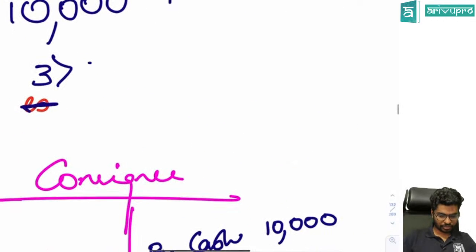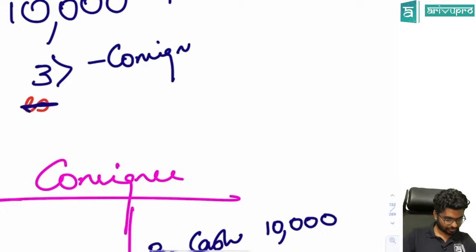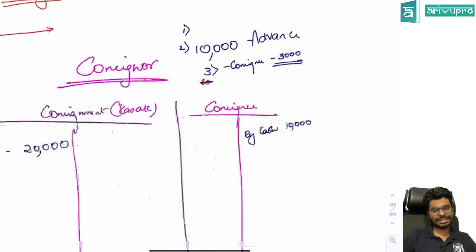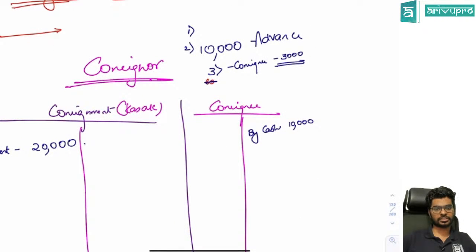Third question, the consignee incurred an expense of 3,000. What will be the journal entry? Let's say consignee incurred advertisement of 3,000. Consignee is incurring. What do you think is going to be the journal entry?